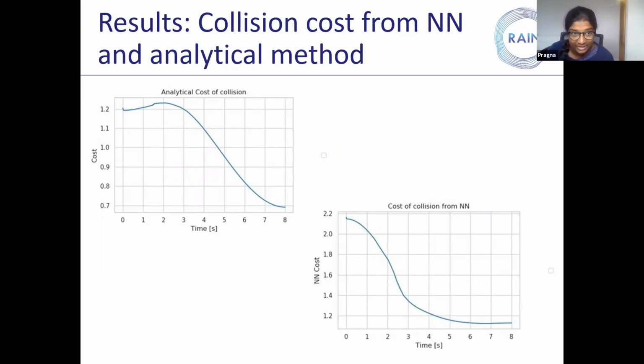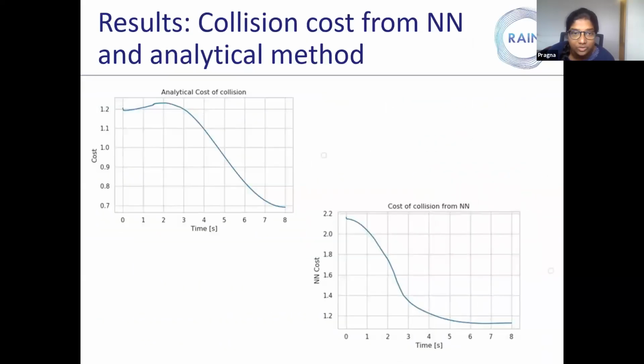And again, we also calculate the cost of collision analytically using the function, just to compare. You can see the graphs are almost the same with very similar values, and the nature is also similar.